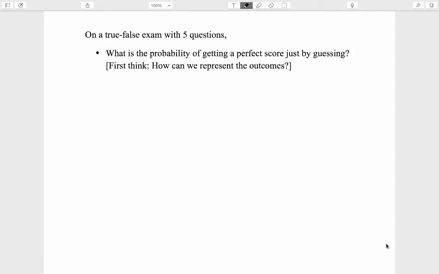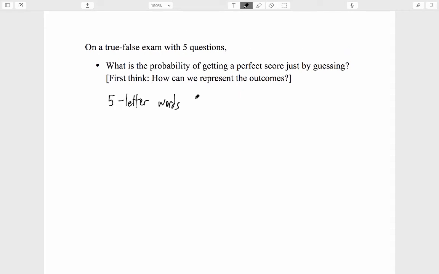On a true-false exam with 5 questions, what is the probability of getting a perfect score just by guessing? Let's first think how to represent the outcomes. We can certainly represent each outcome as a 5-letter word in a 2-letter alphabet, because there are 2 possibilities on each question. But the 2 possibilities that we're really interested in for this question are right versus wrong.